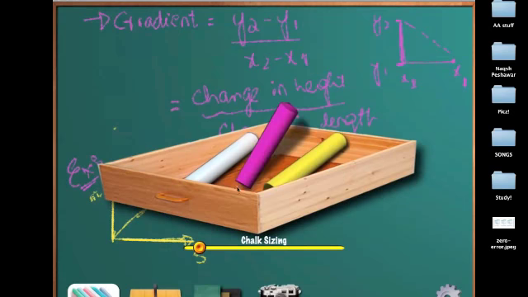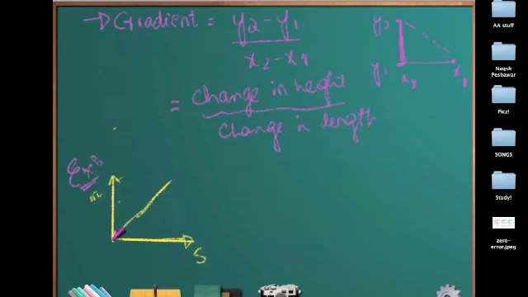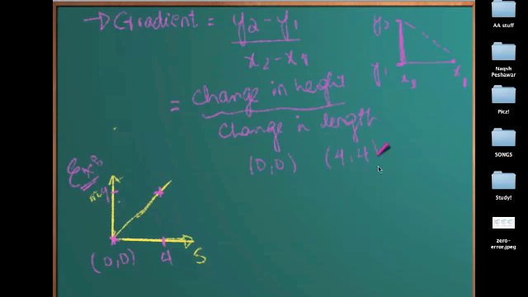Okay, this coordinate of the line is 0 and 0 because it's a 0 on the x-axis and a 0 on the y-axis. For example, this coordinate here is a 4 and a 4. 4 on the x-axis and 4 on the y-axis. So the two coordinates that we have are 0, 0 and 4, 4.